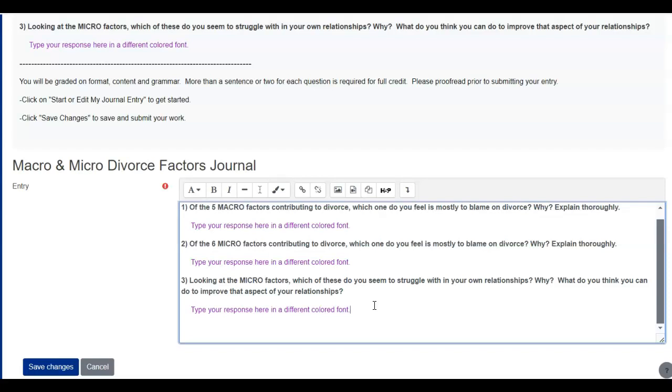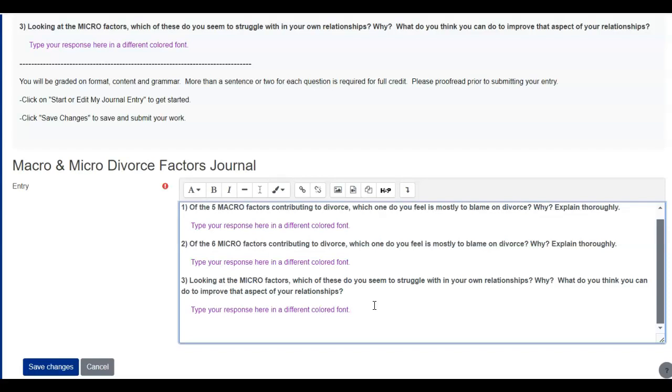Take those, kind of internalize them for yourself. Look at them and say, which of these do I seem to struggle with the most in my relationships?